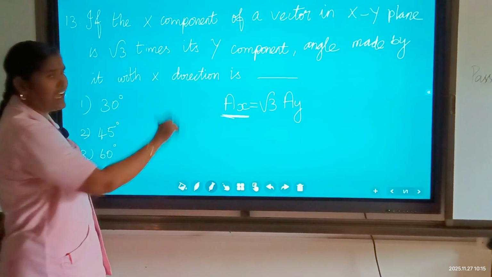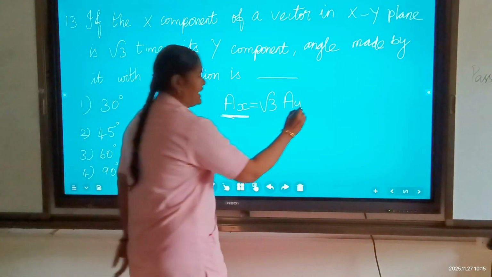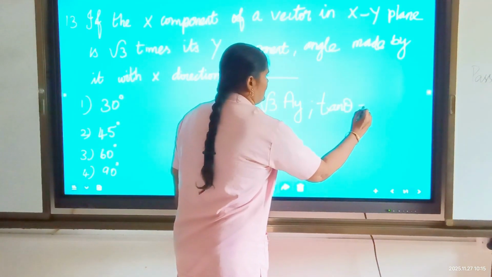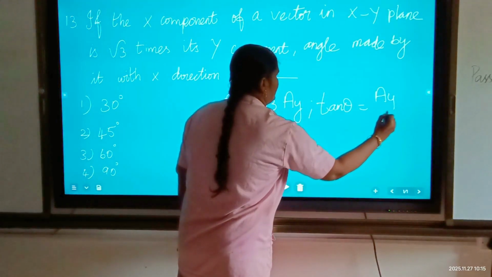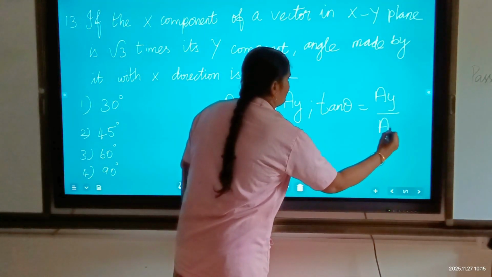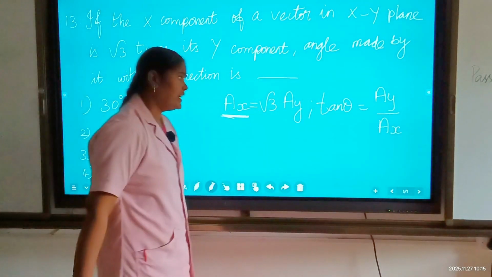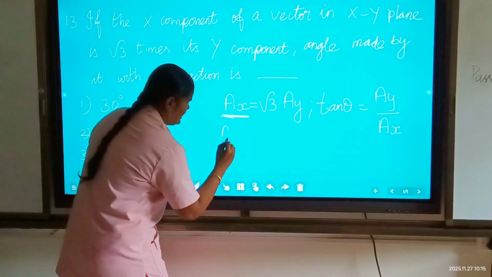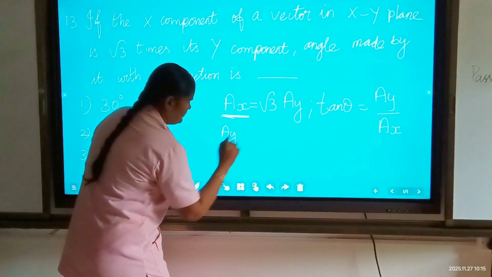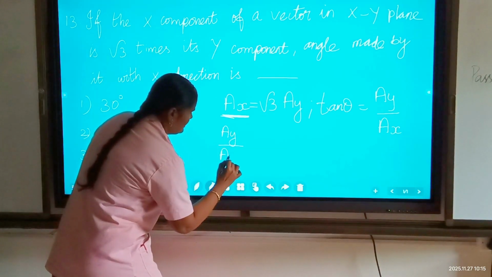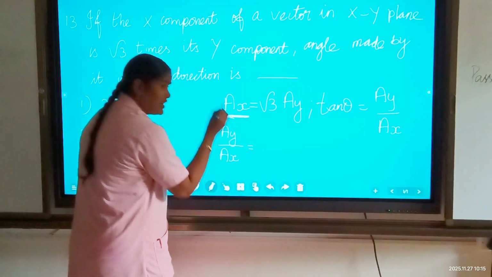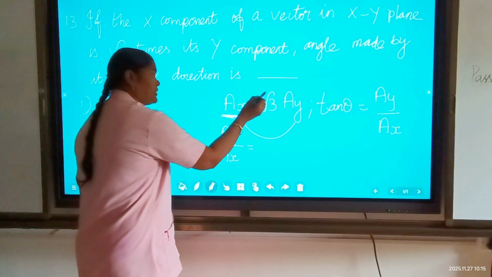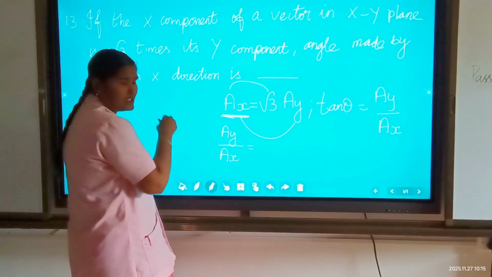Okay. Next one, angle. We all know tan theta is equal to AY divided by AX. And from this, AY by AX, we are taking this AX to this side, and we have to bring this root 3 to this side.